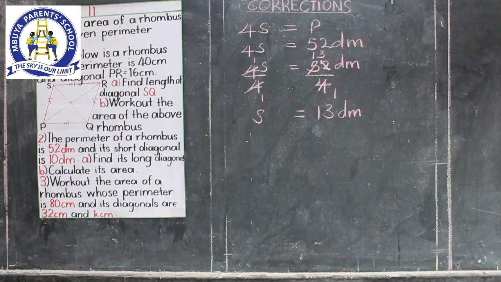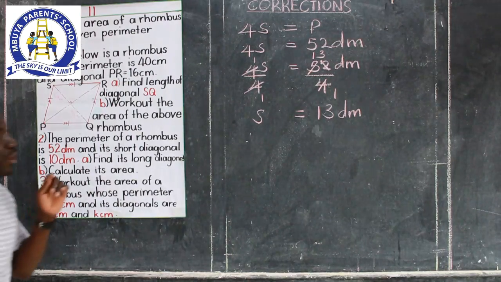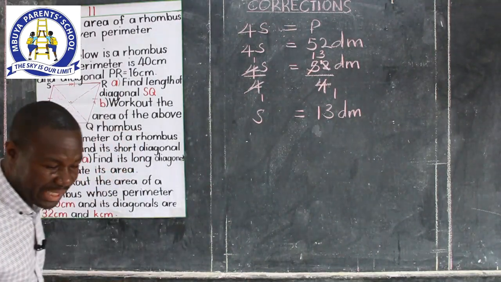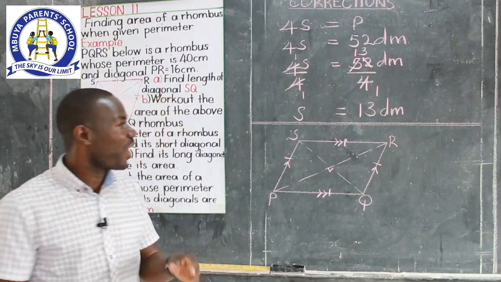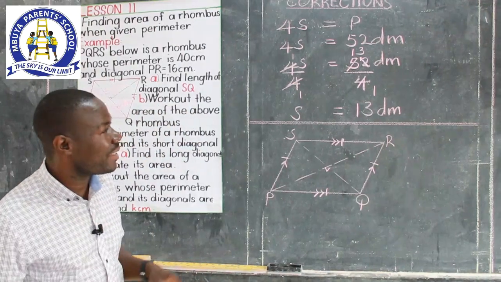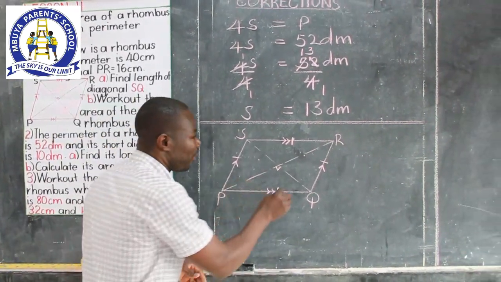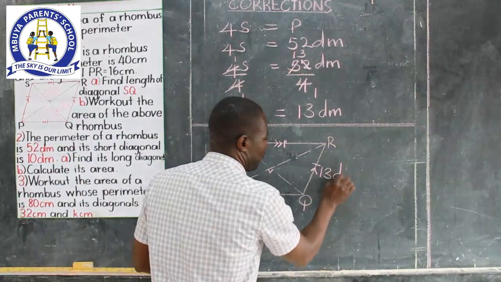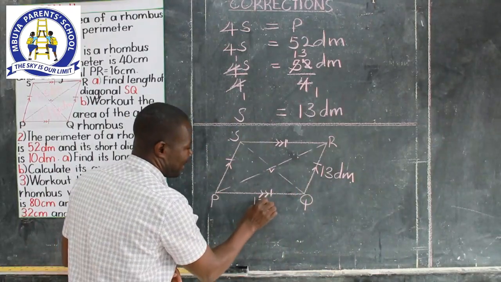Therefore, we are now going to the question which they asked us. Find its long diagonal. So we are going to have our rhombus picked out from this. So our length of the rhombus is 13 decimeters. We shall even label it 13.